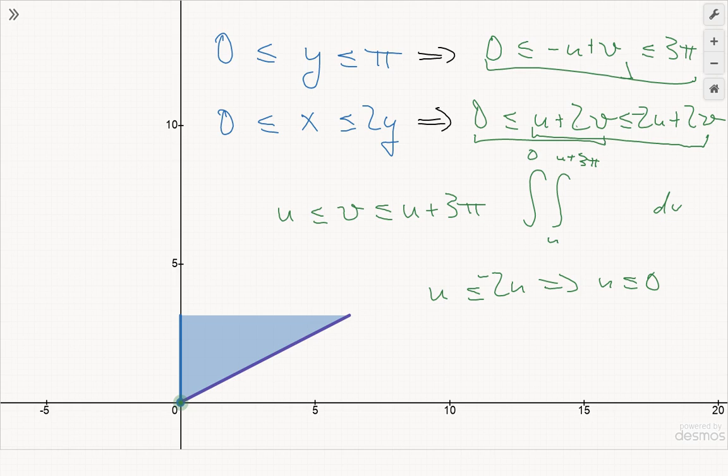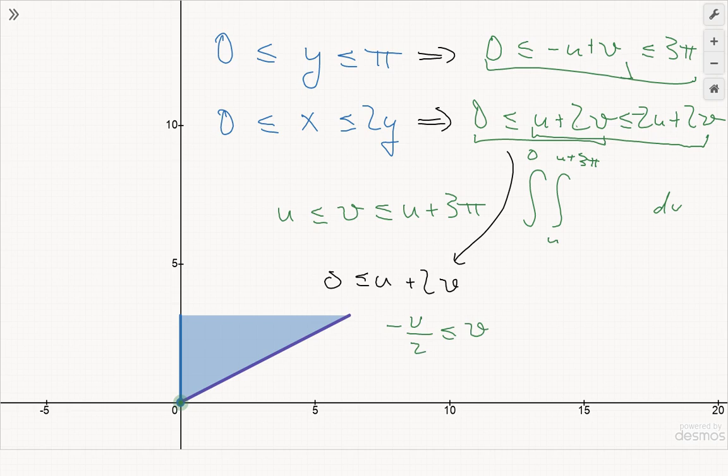So 0 is our upper bound for u. The other one, 0 less than or equal to u plus 2v, if we rearrange, becomes negative u over 2 less than or equal to v.